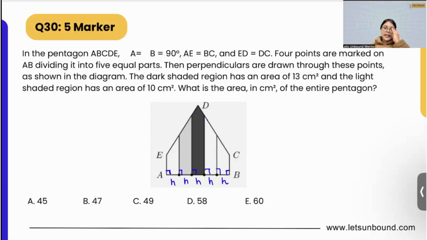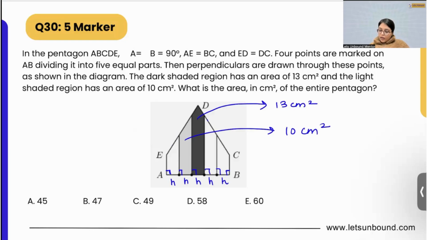Till now only A and B were 90 degrees, but now all are perpendicular. The dark shaded region has an area of 13 centimeter square, and the light shaded area has 10 centimeter square.